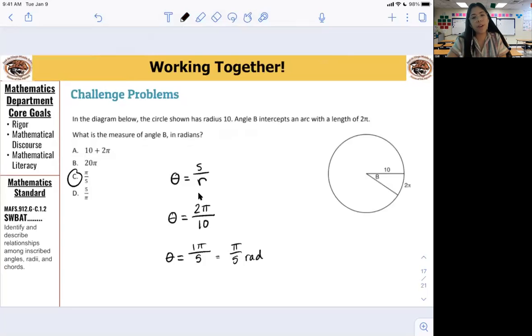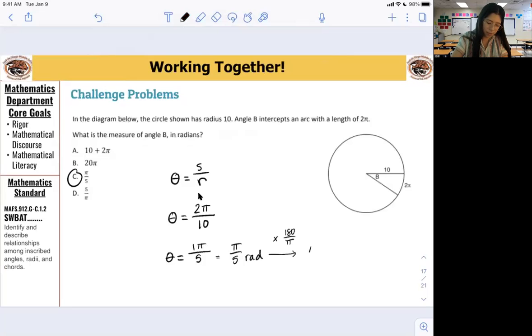Now, let's say I want to convert that to degrees. I want to know how many degrees that is. What do I do to that number? Times what? The other way, 180 over pi.